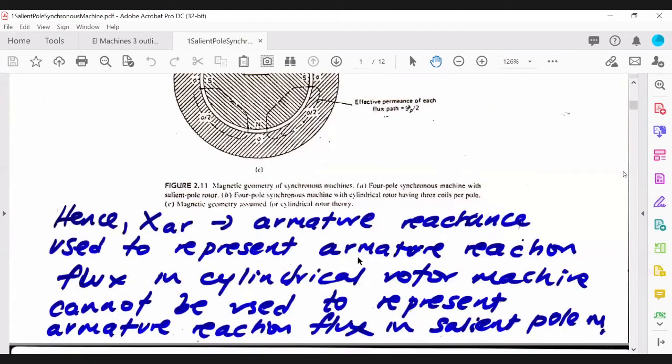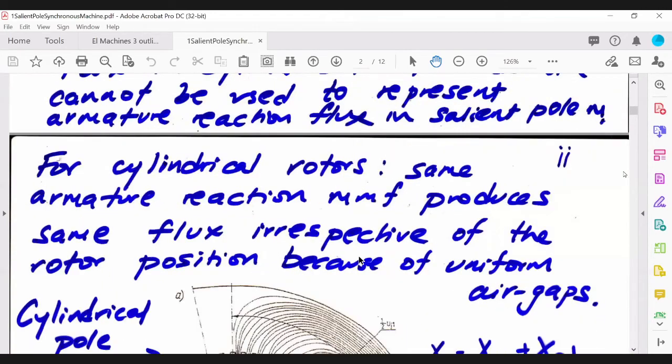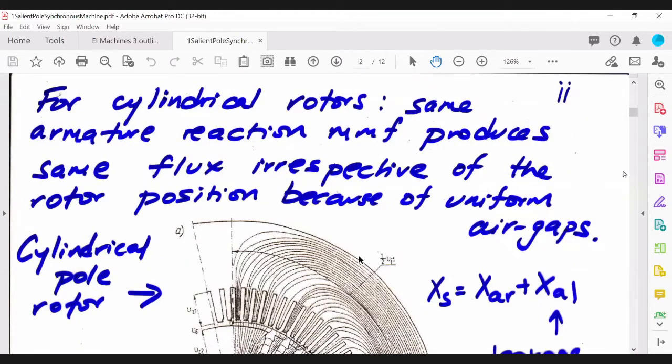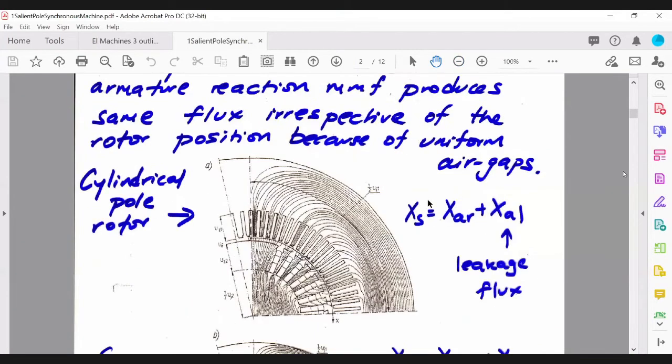So if we move to the next slide, you will see that I've also now shown you how the flux is getting distributed in the air gap. So we've zoomed in more on the cylindrical rotor first, right? So when we had the cylindrical rotor, that was what we analyzed in Machines 2.